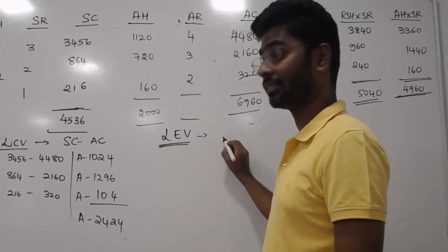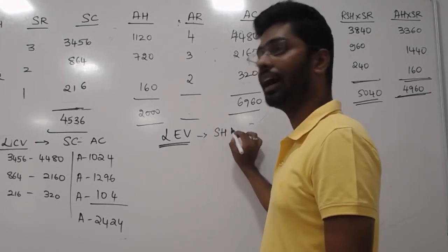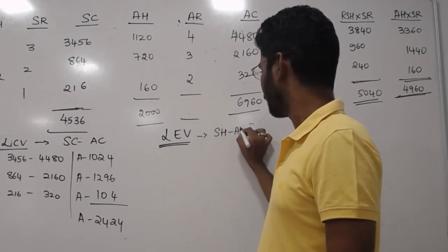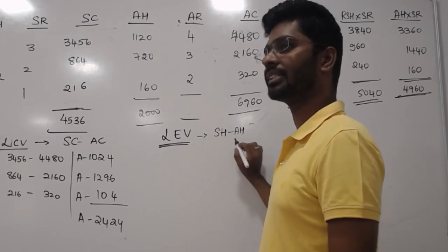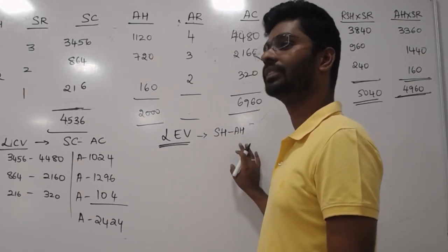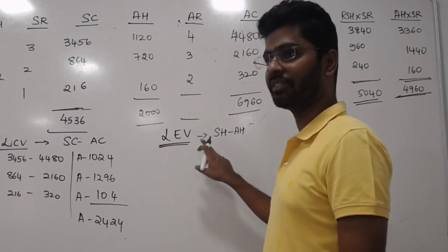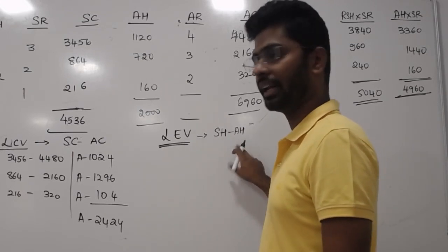Efficiency. Standard hours. Madam, first you understand and then you start copying. Labor efficiency variance. Standard hour minus actual hour.